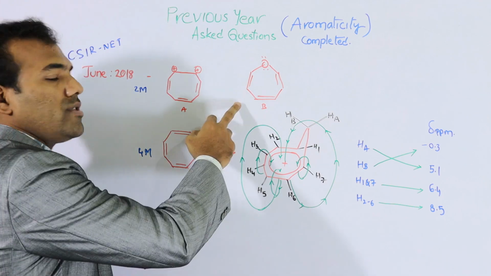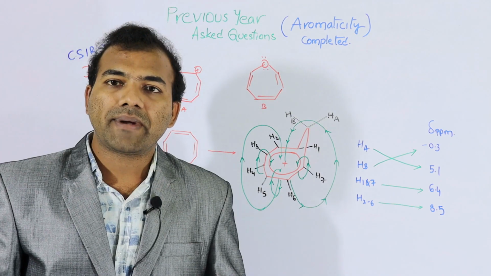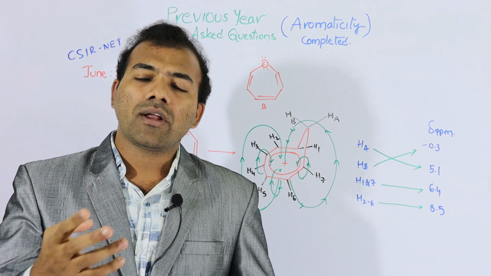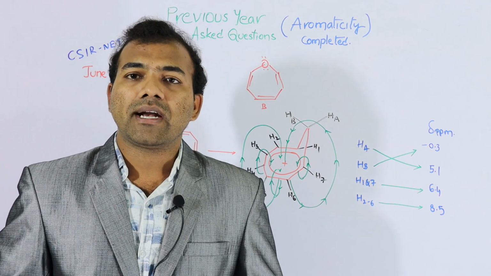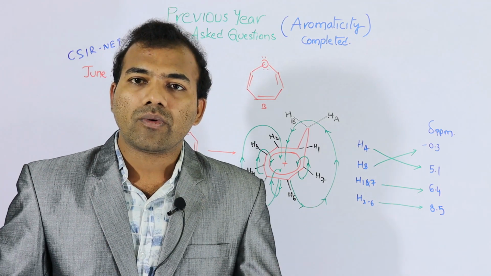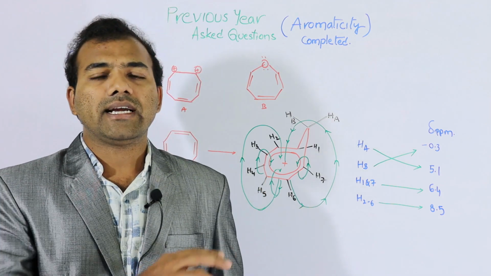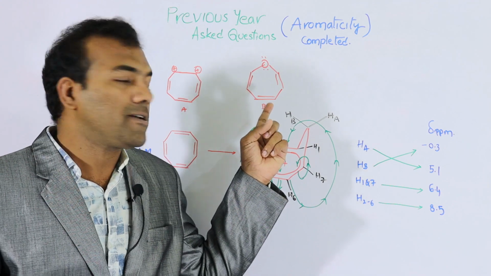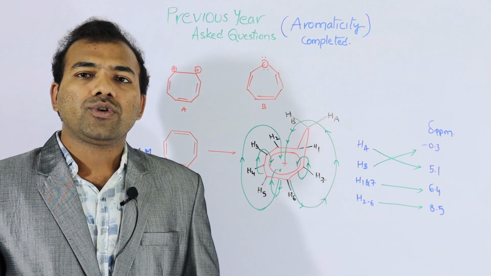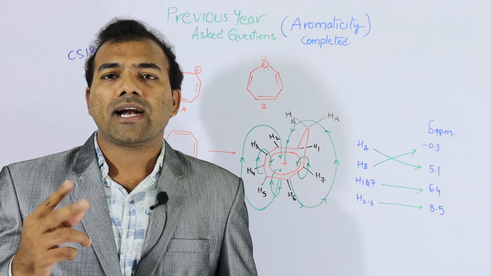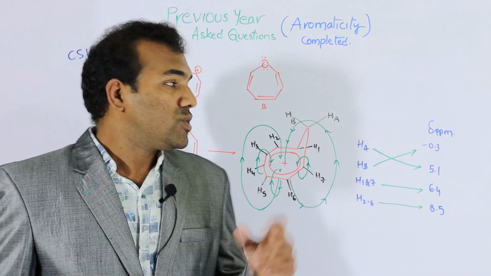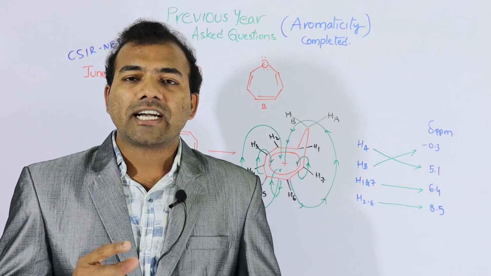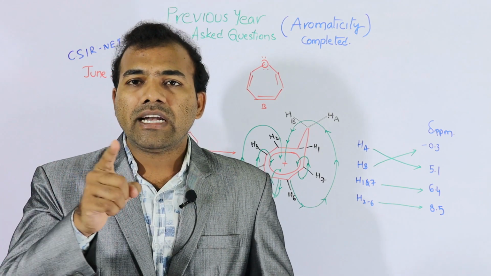The next compound is similar to cycloheptatriene. We know that cycloheptatriene is a non-aromatic compound, but the cycloheptatrienyl cation is aromatic. But the examiner asked indirectly, simply substituting the CH2 group with an oxygen atom. Oxygen always has two electron pairs. In this compound, one electron pair on oxygen participates in the conjugated pi electron delocalization.